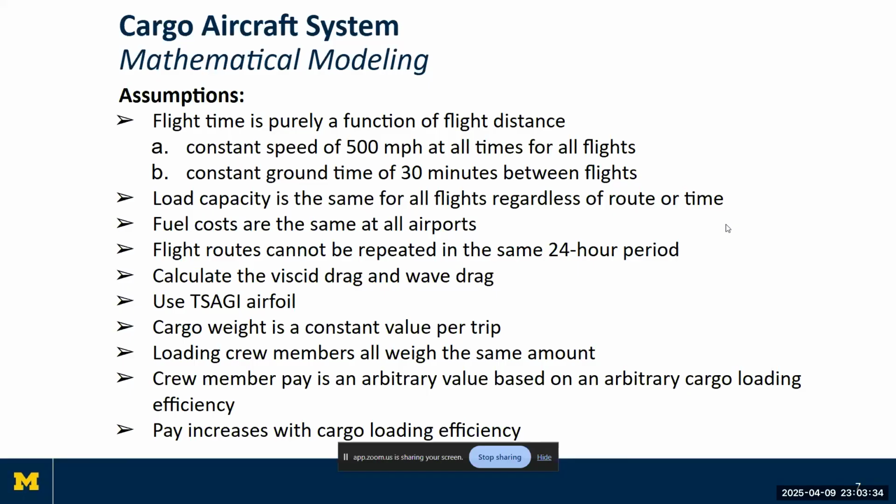For aerodynamics, we calculate both viscous and wave drag and assume the use of a new airfoil in analysis. While this assumption reduces model complexity, we still capture the key coupling and trade-offs between aerodynamics, operations, and the remaining subsystems. Next.